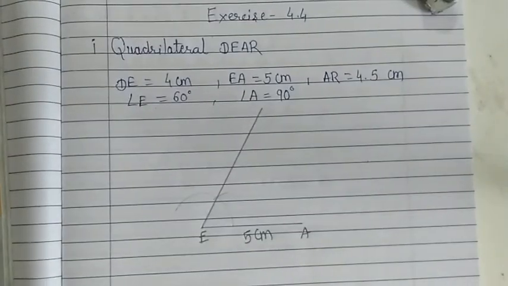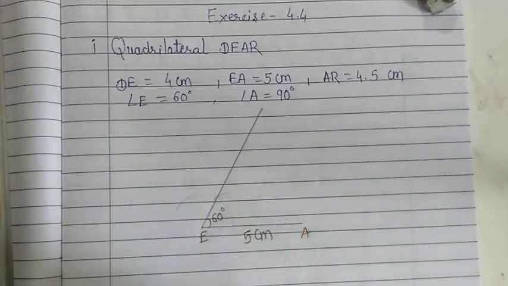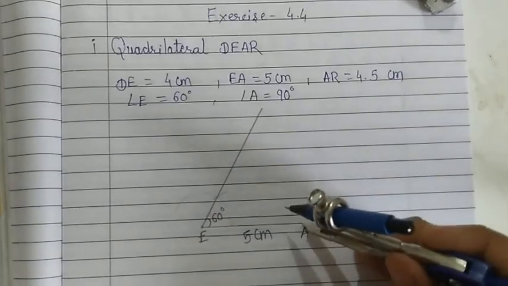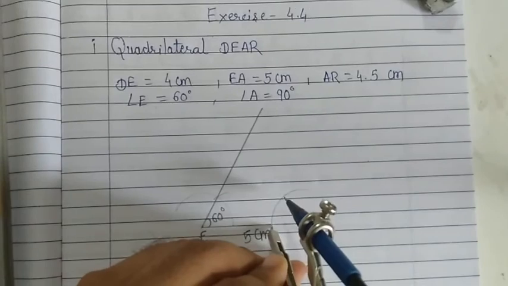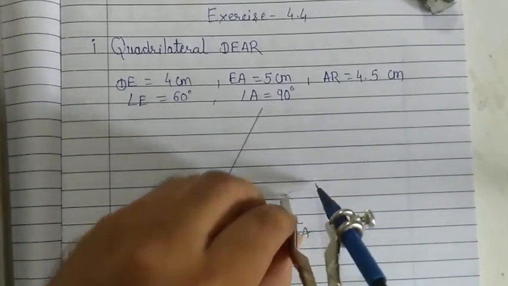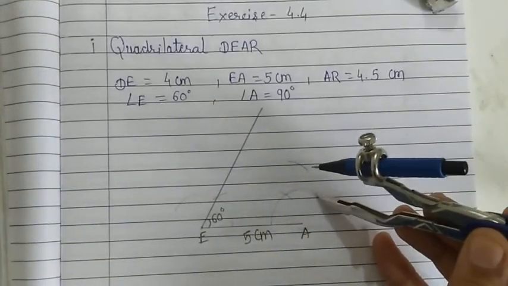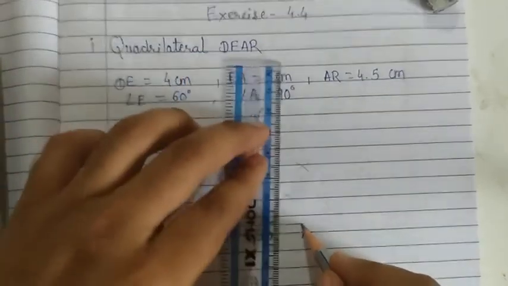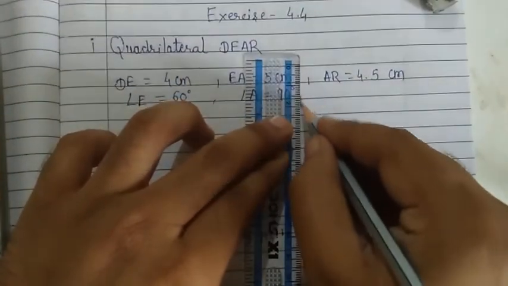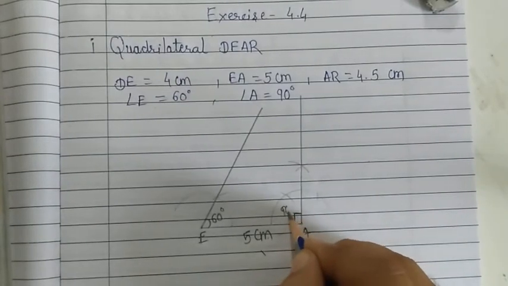Now angle A is equal to 90 degrees. That angle also we have to draw with the compass only. 60 degrees, 120 degrees. Now one arc upside, one arc like this. Now join the A point with this arc, that is our 90 degree angle.